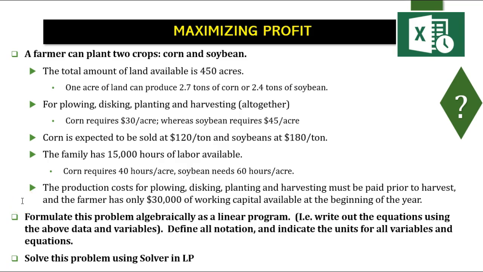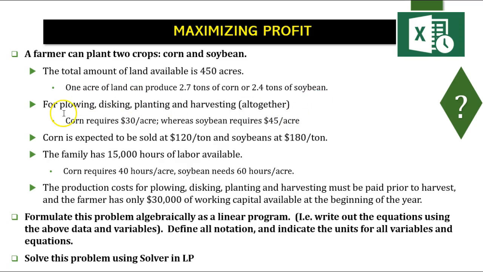Let's illustrate these concepts using the following example. Here the farmer can choose between two crops, corn and soybeans. She has 450 acres available. We have the productivity of an acre of land in terms of corn and soybeans.